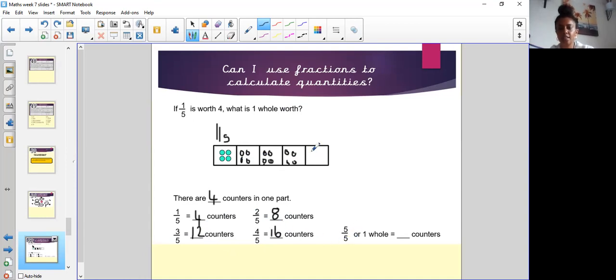So now we're going to add another 4 into here. And this is going to give us our whole. So if 4/5 is 16, let's count on from 16, 17, 18, 19, 20. 20 counters. So what is 1 whole worth? 1 whole is worth 20 counters.